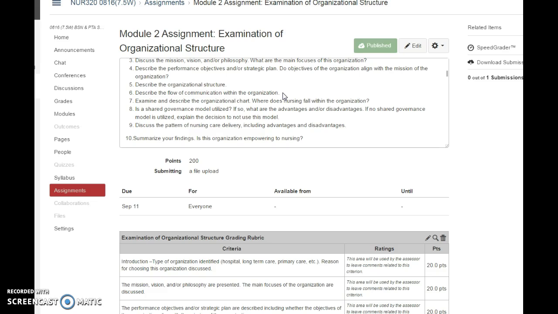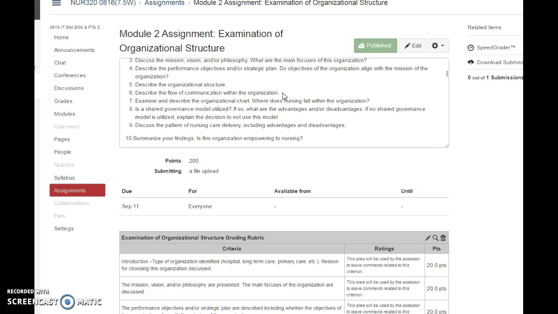And then that leads into the next question. Where does nursing fall within that organization? Are they a side piece? Are they considered an equal? It's always nice to know. Is shared governance used? Not all hospitals use shared governance.